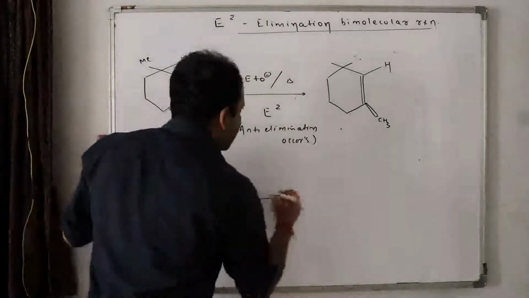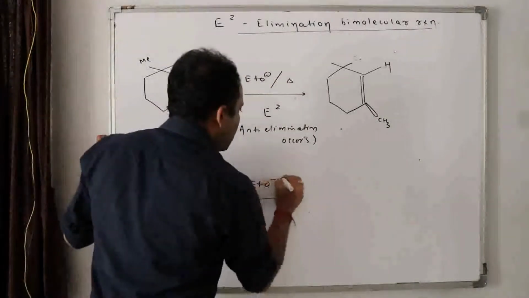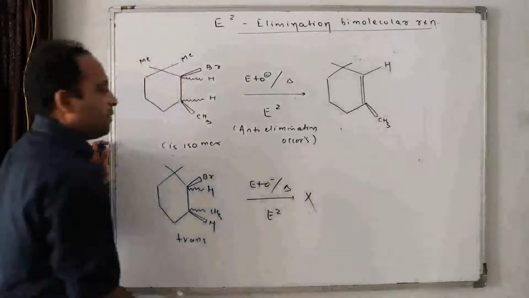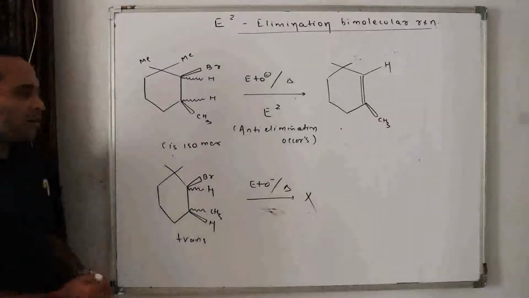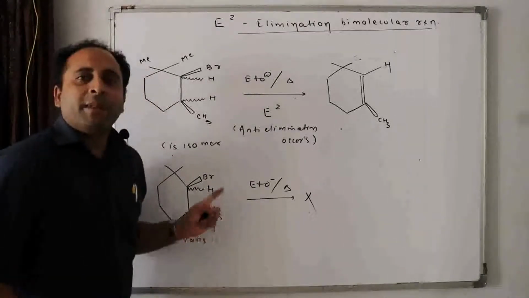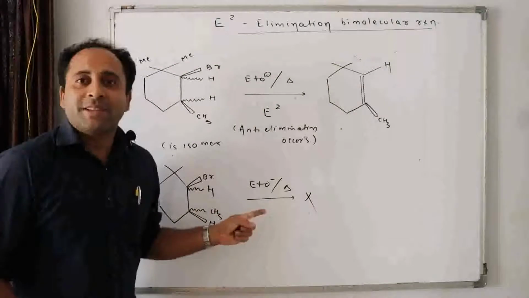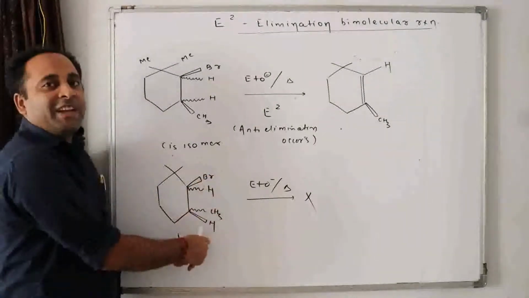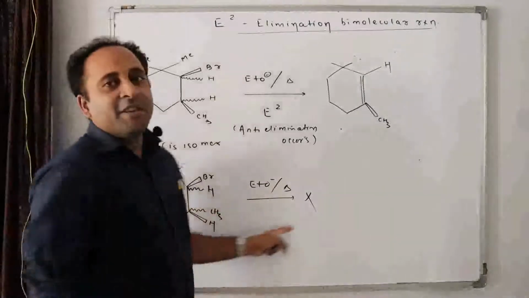If I react this with EtO minus and heat it, there will be no elimination reaction. Why? Because elimination will only occur in an anti-periplanar manner. Matlab, only anti-elimination will take place. In this case, bromine and H are not in anti positions, so there is no chance of an E2 reaction.